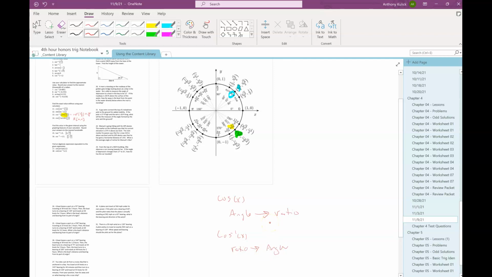So that's the difference between those two things. What cosine inverse is giving back to me is an angle measure, and I want the angle measure whose x coordinate is that value. So that's what you're asking, right? What's the difference between cosine and cosine inverse?